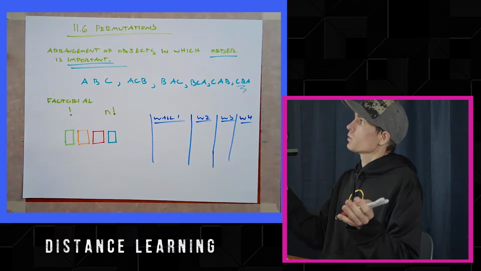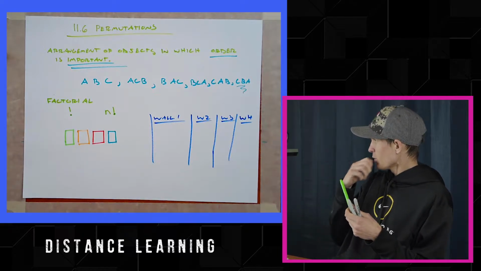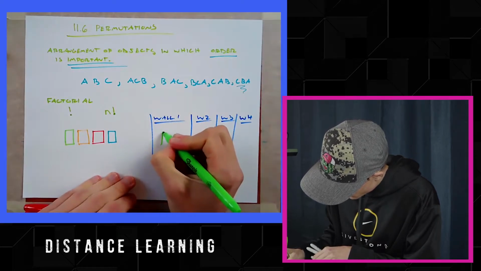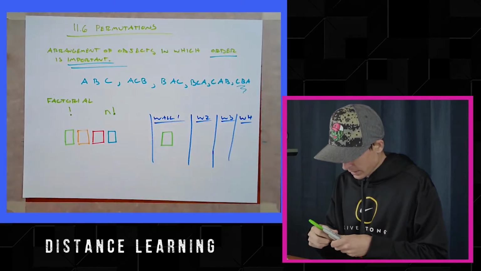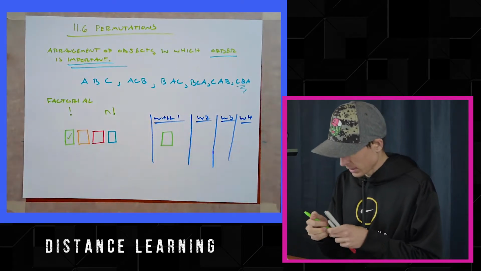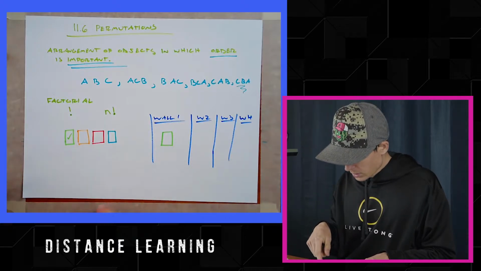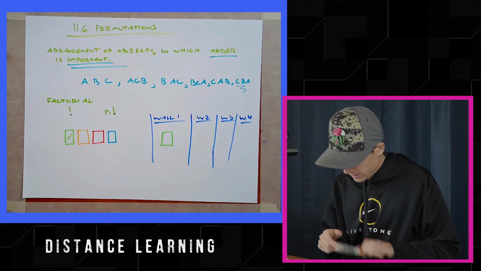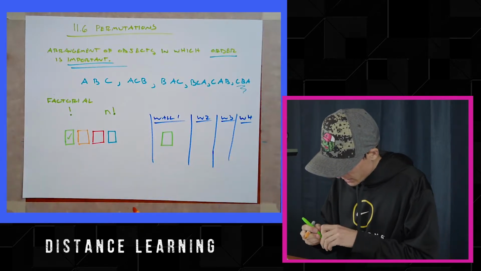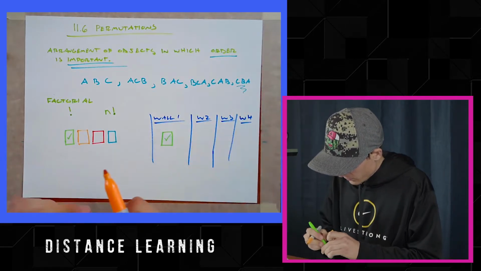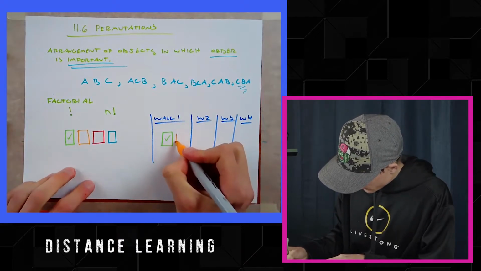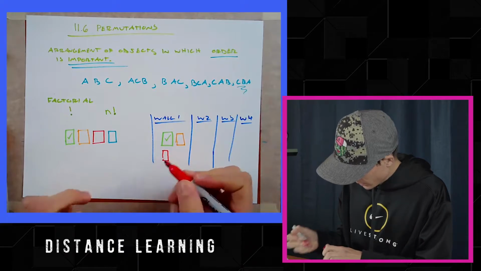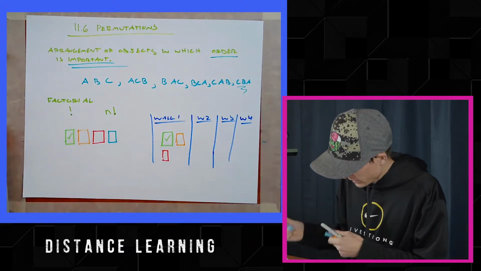I go up to my first wall. I'm like, which one do I put on there? Alright, I'll put the green one on this wall. I'm gonna put a check mark because I used this one, but I could have chosen from any of these options.